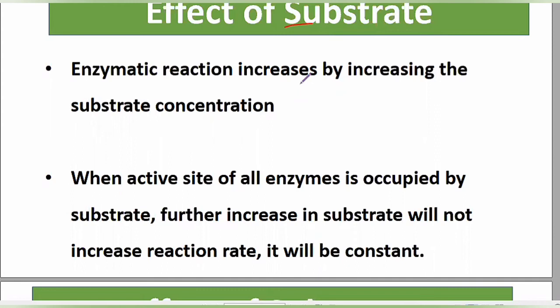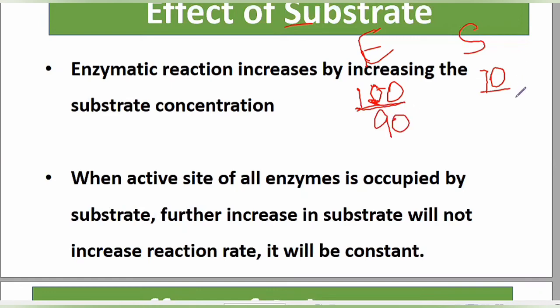Take an example. E is representing enzyme and S is representing substrate. If you have 100 units of enzymes, and 10 units of substrate, and one substrate will react with one enzyme, it means that 10 substrates will react with 10 enzymes, and we still have 90 enzymes left.